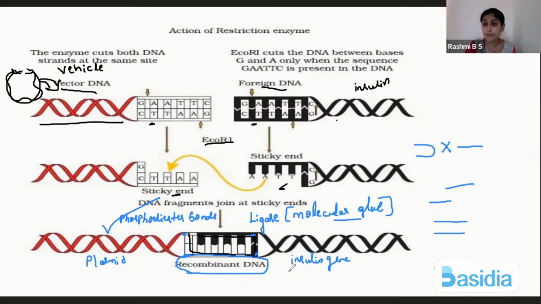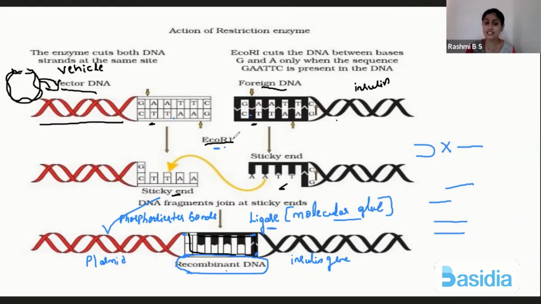So up to here we understood the importance of restriction enzyme, why we need to use the same restriction enzyme to cut your vehicle, that is the vector, and the foreign molecule. We also understood what is recombinant DNA, and we also studied a little about the ligase enzyme, which is called molecular glue.